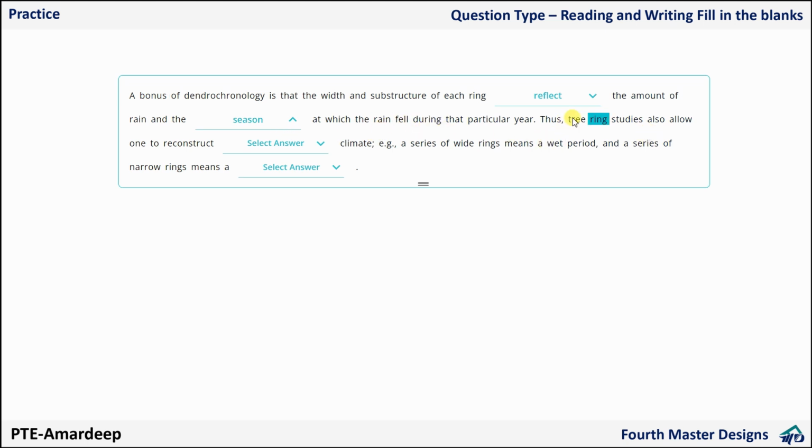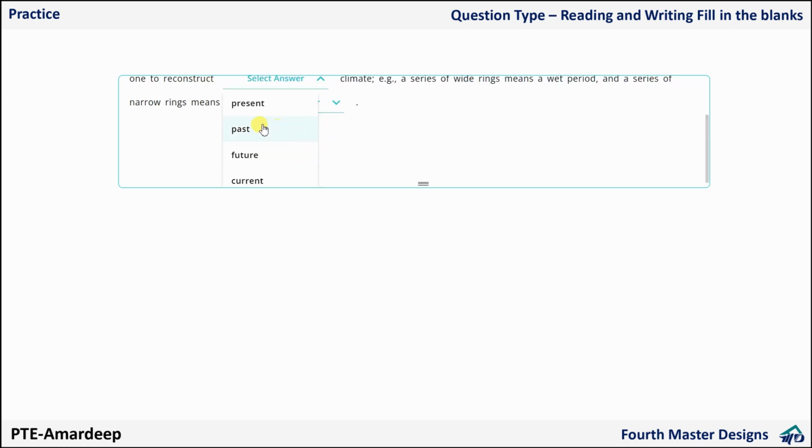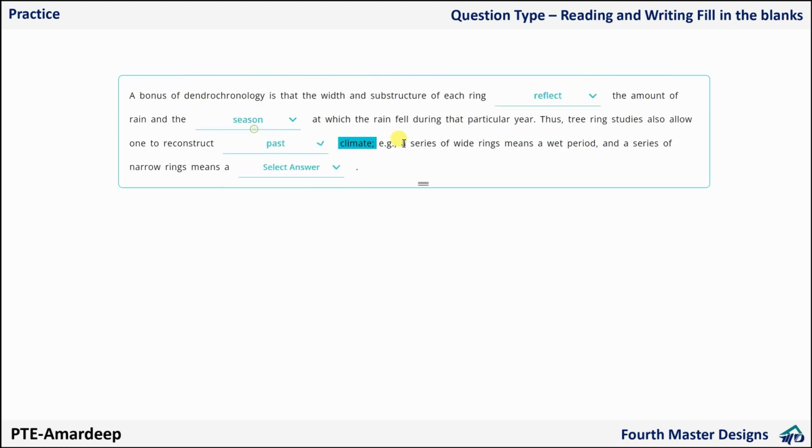Thus tree ring studies also allow one to reconstruct dash. One to reconstruct what? Present, past, future, current. What are we looking for in tree rings? Past. Climate. A series of wide rings means a wet period. A series of narrow rings means what?